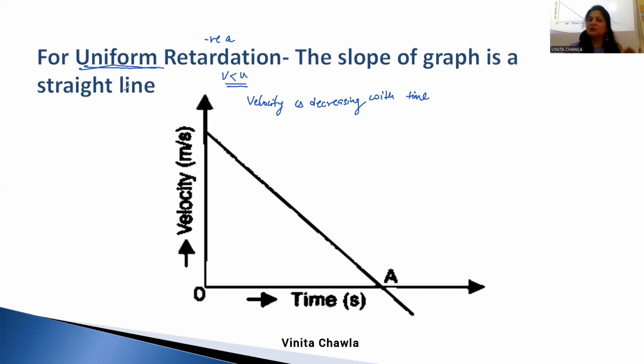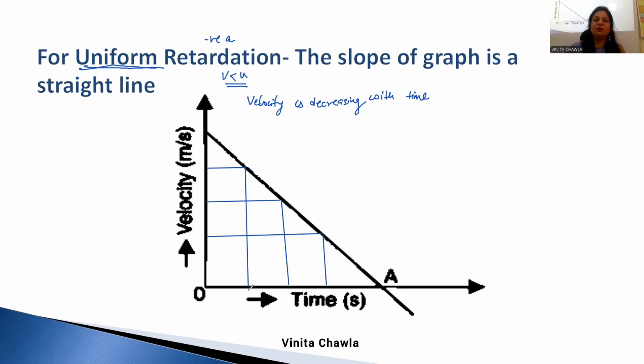Consider this at time t equal to t1 seconds, this is the velocity. After some time, this is the velocity. So velocity is decreasing by equal amount in equal intervals of time. That's why the name uniform is there. And why retardation? Because it is decreasing with time.